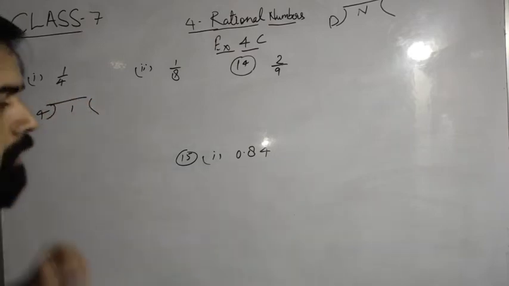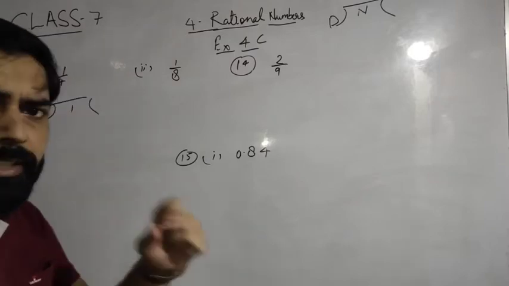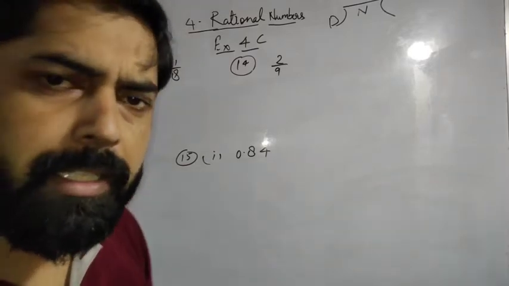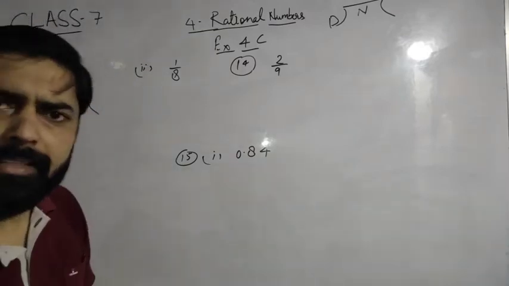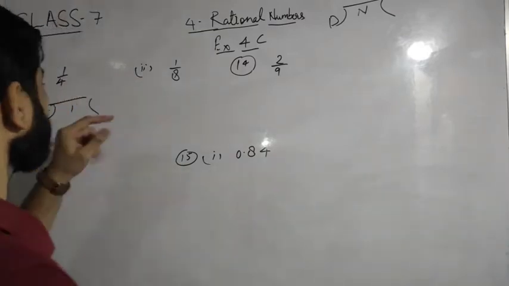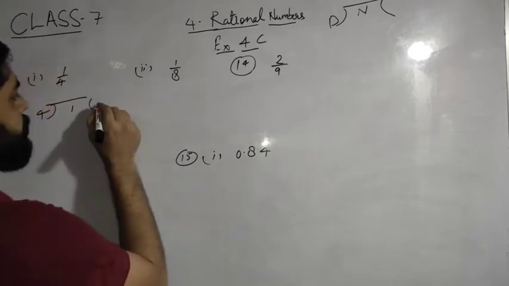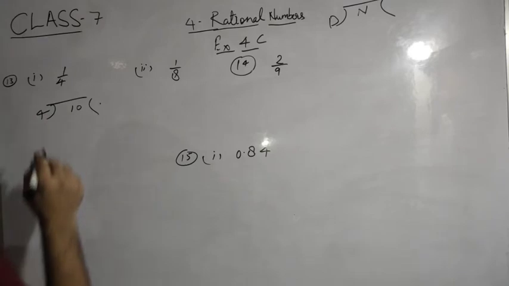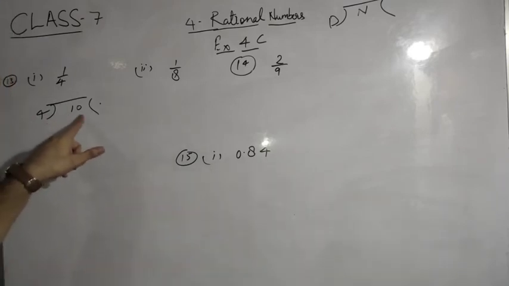So look here, in division the dividend should always be greater than the divisor, but here the dividend is less. So we need the decimal here, and you know the property of the decimal. If you put the decimal in the quotient, then give a 0 to the dividend. Now here is 4, then 1 0, then 10.